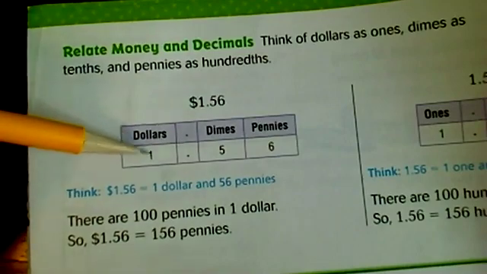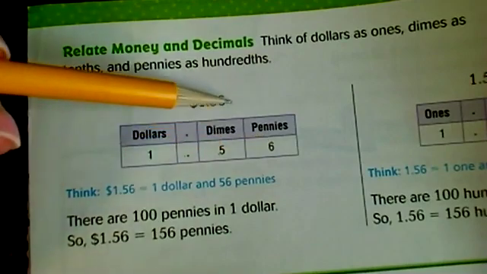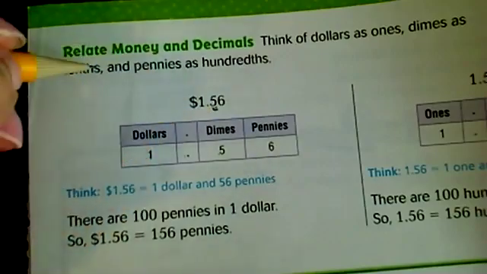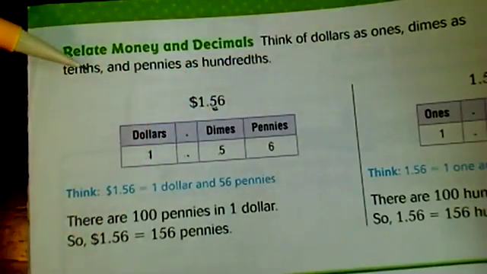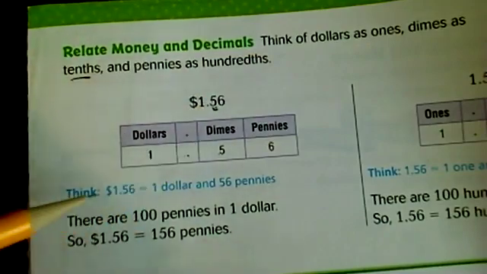That means there's $1. There's our decimal point. 5 dimes and 6 pennies. So this is the tenths place, and that's why we can think of dimes as tenths, right? The dimes are the tenths place.